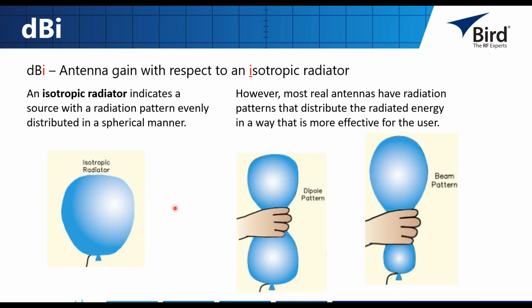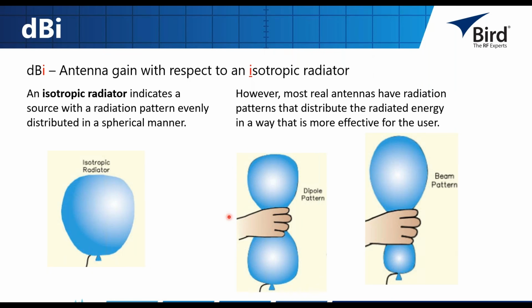and we really don't want that. We want to point the energy into our signal of interest. So in most real antennas, what you're going to see is the energy that would otherwise be this isotropic radiator being redistributed. A good way to think of it is like taking that balloon and squeezing it in different ways.